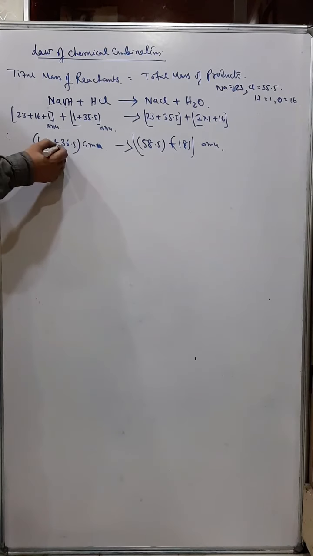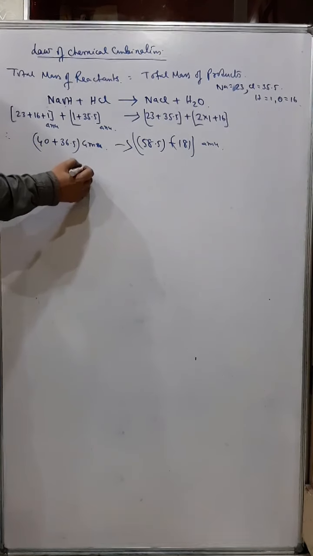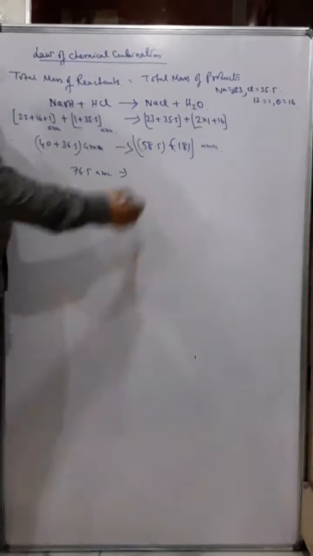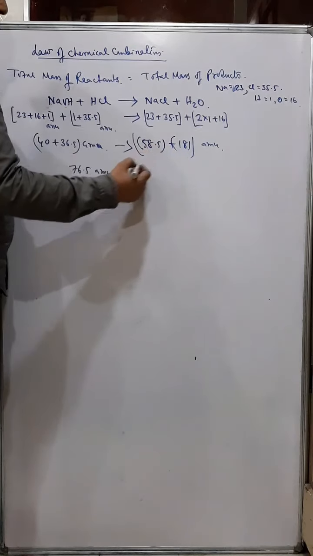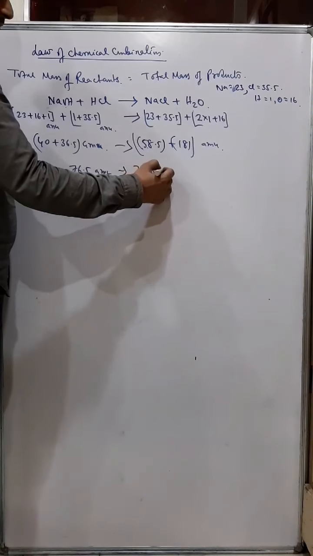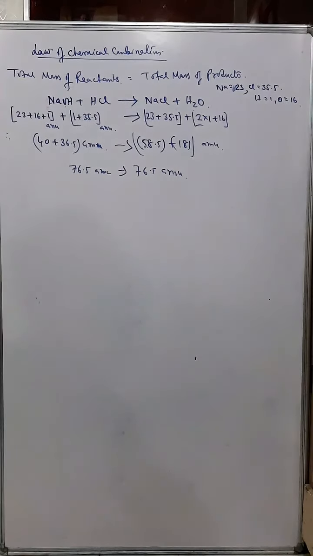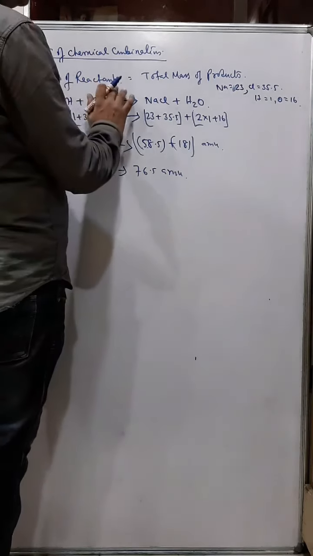So 58.5 plus 18 is 76.5. And here also you can see, if you add them you get 76.5 AMU. So we can prove or show like this that the total mass of the reactants is always equal to the total mass of the products.